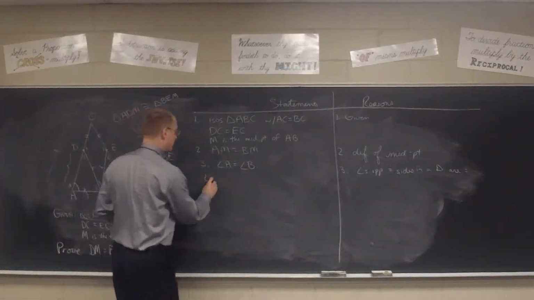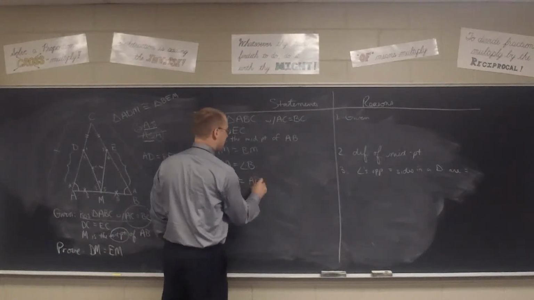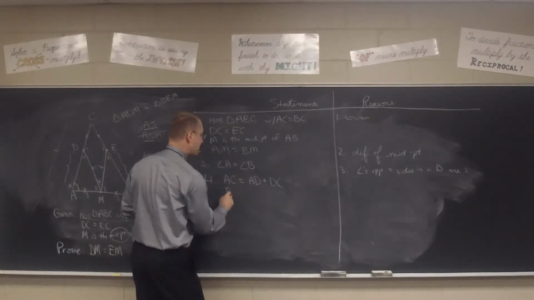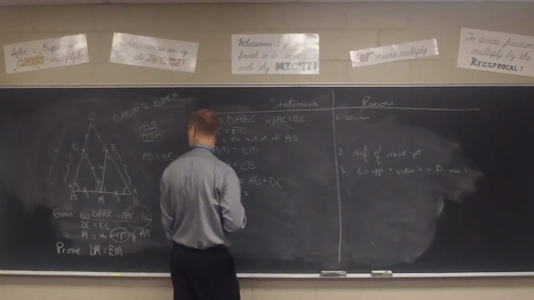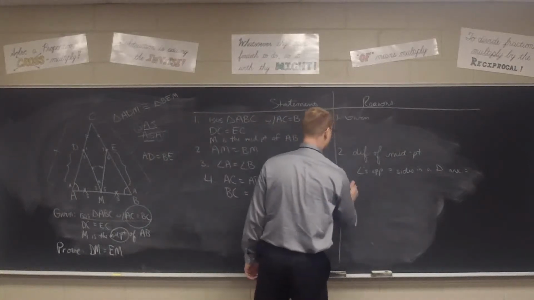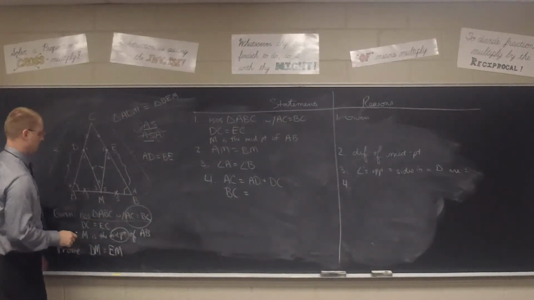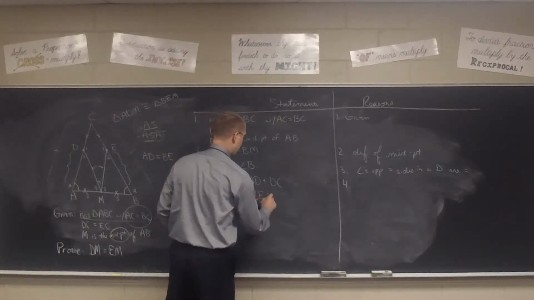We're going to start by simply stating that the whole side AC is equal to AD plus DC. Similarly, the whole side BC is equal to BE plus EC.